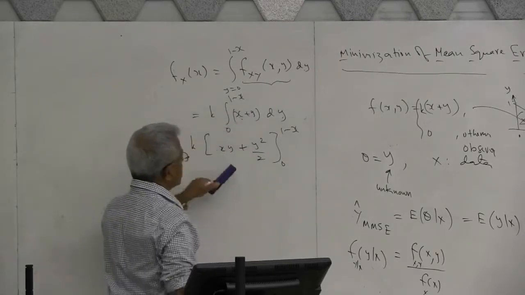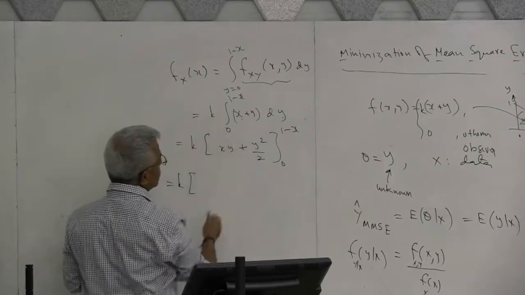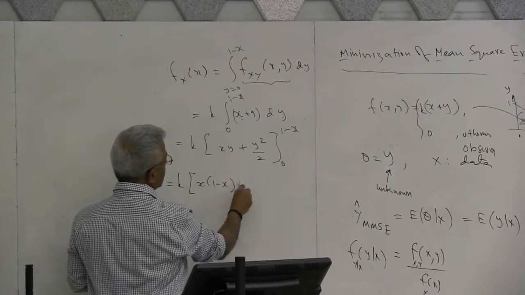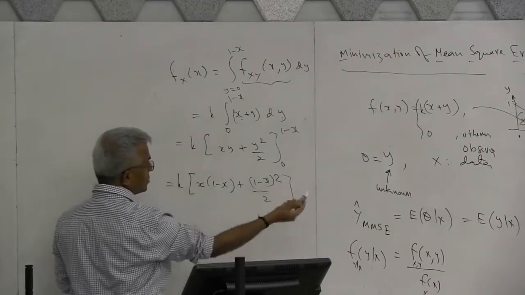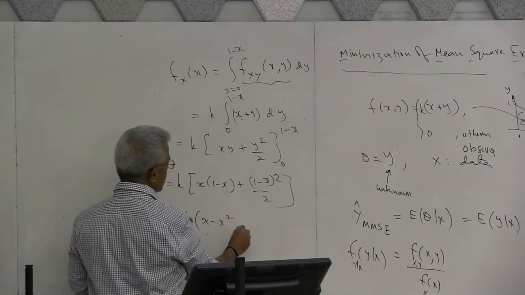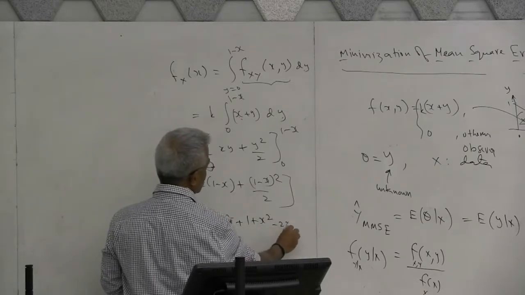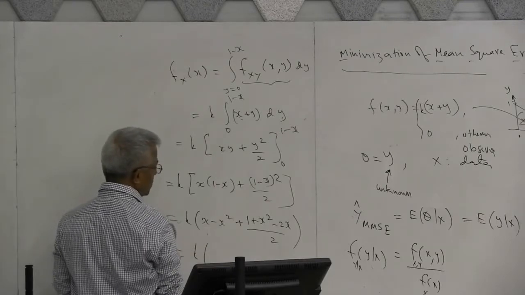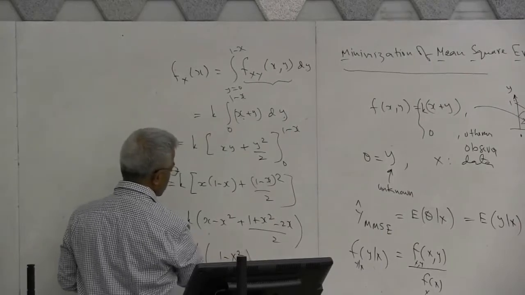Then we substitute the limits. So the top limit is k multiplied by, remember I am substituting for only y, right? So this is x multiplied by (1 minus x) plus (1 minus x) the whole squared by 2, minus 0. So this is k multiplied by x minus x squared plus (1 plus x squared minus 2x) by 2, right? So that's k multiplied by (1 minus x squared) by 2, I guess. Is that right?